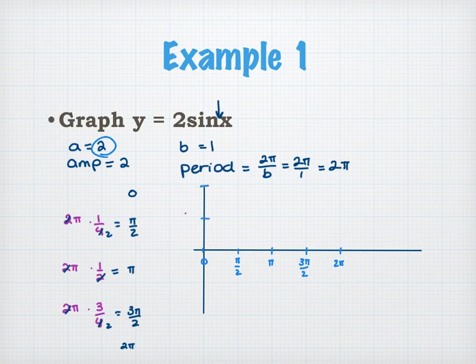So we're going up to 2, down to -2. And then the sine curve starts at 0, goes up to the amplitude, comes back down to 0, down to the negative amplitude, and back up to 0. And then you just want to connect your points to make your curve.